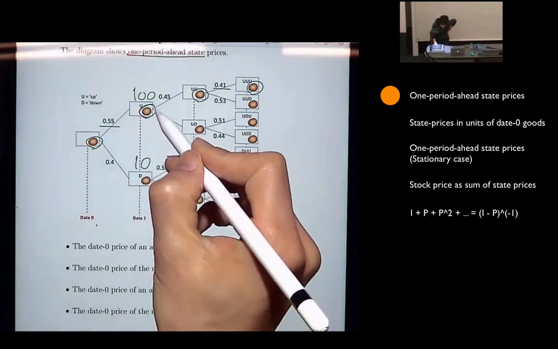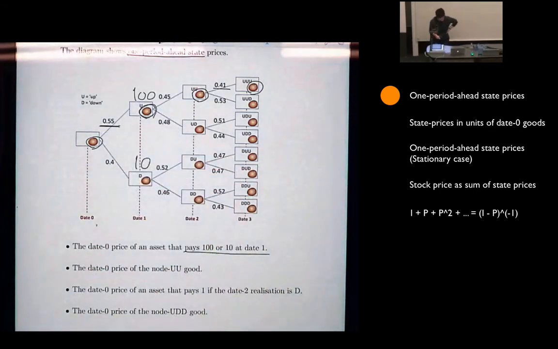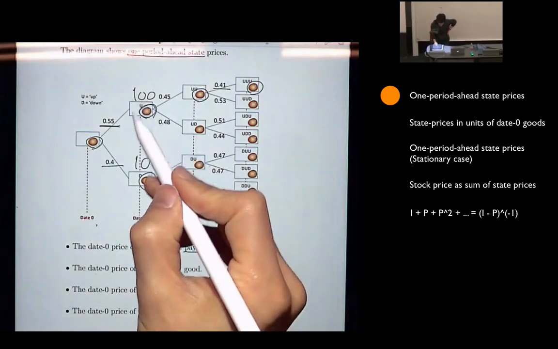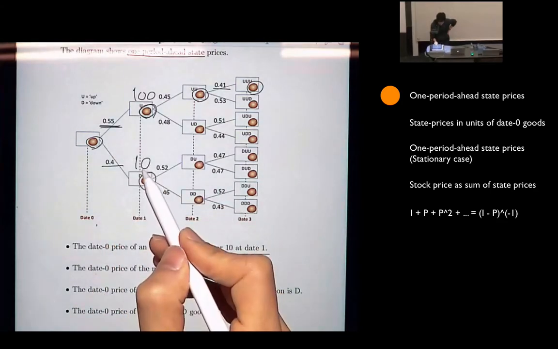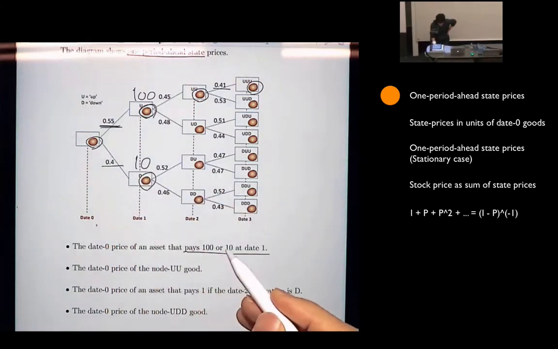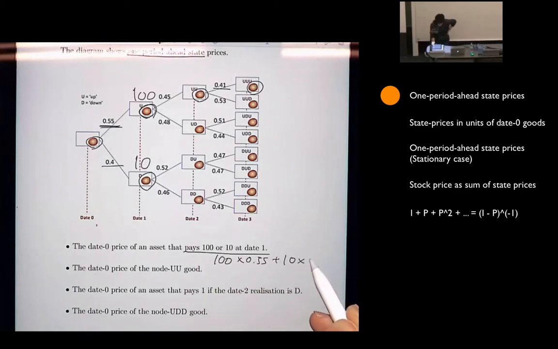The price of this potato is 0.55. The price of this potato is 0.4. And therefore, the price of such an asset is 100 times 0.55 plus 10 times 0.4.